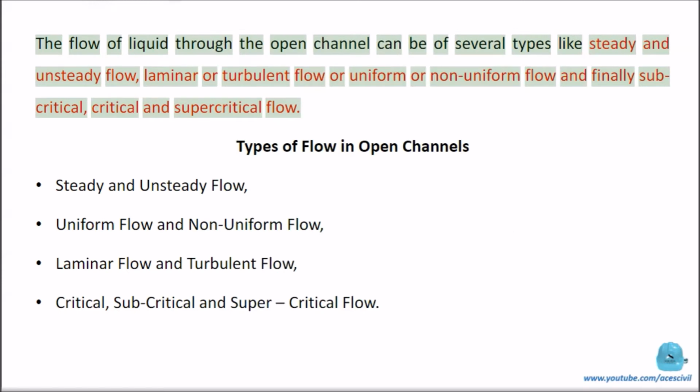The flow of liquid through the open channel can be of several types like steady and unsteady flow, laminar or turbulent flow, or uniform or non-uniform flow, and finally subcritical, critical, and supercritical flow.